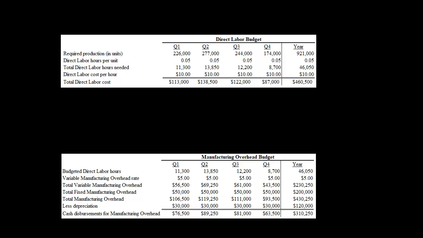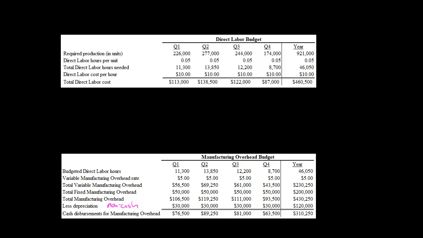Now, if we want to figure out what the actual cash disbursements for manufacturing overhead are, what we want to do is take the total manufacturing overhead and then subtract the amount of that manufacturing overhead that is depreciation. Because remember, depreciation is a non-cash charge, right? So this doesn't involve cash. It's an expense, but it's not a cash expense.